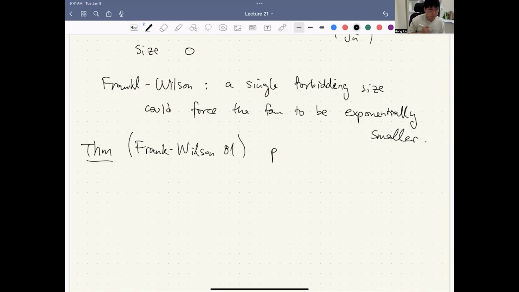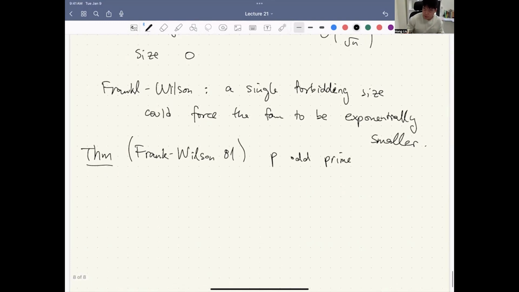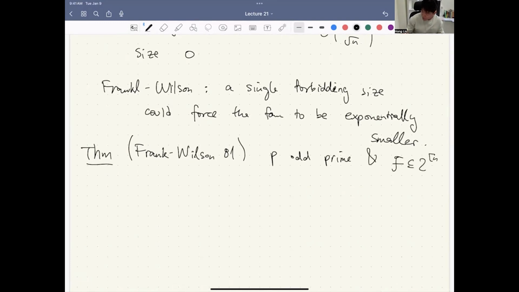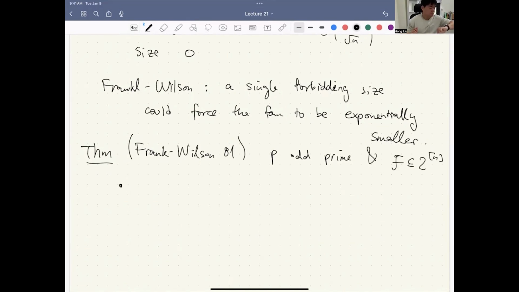Take p to be an odd prime and F a family of sets. Now suppose we have two conditions. The cardinality of every set in our family is divisible by p, a multiple of p.